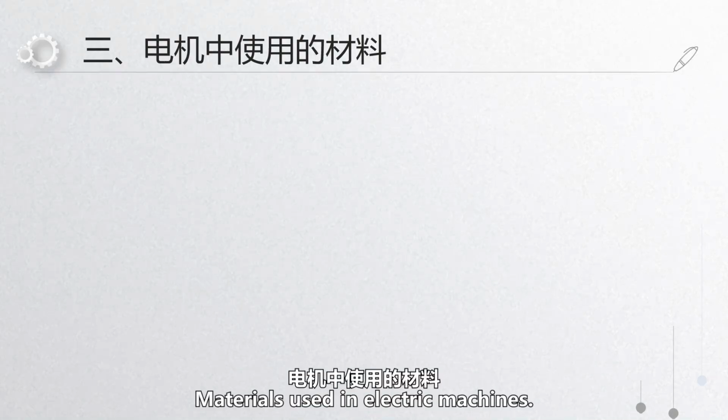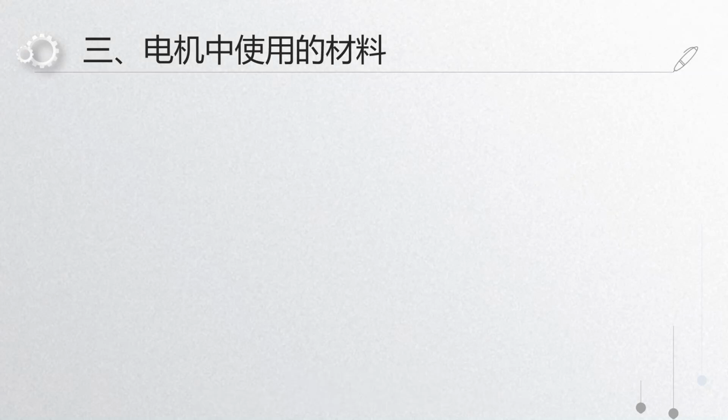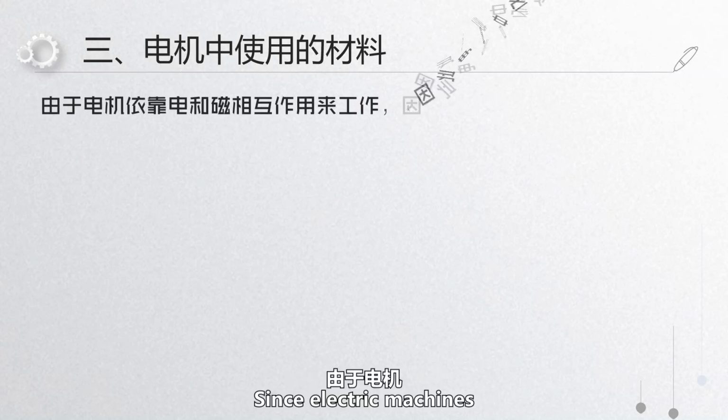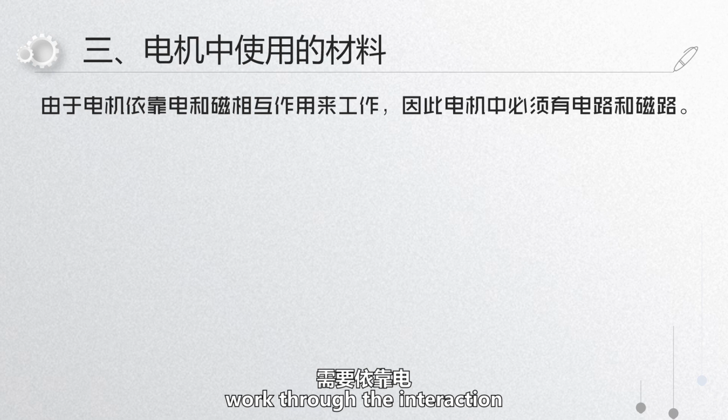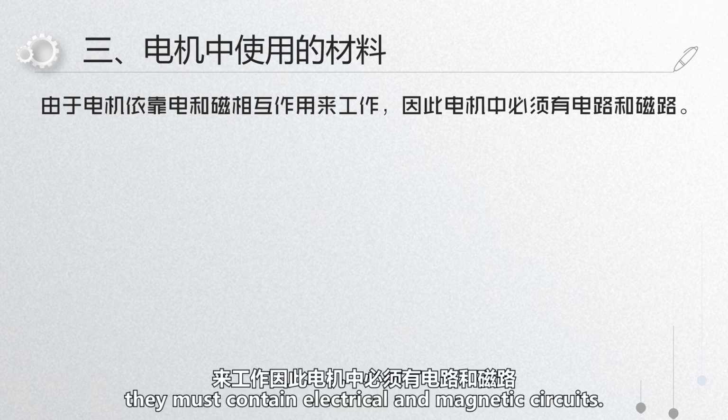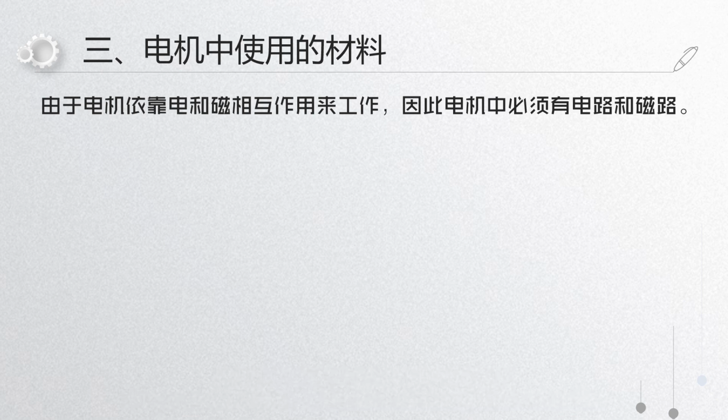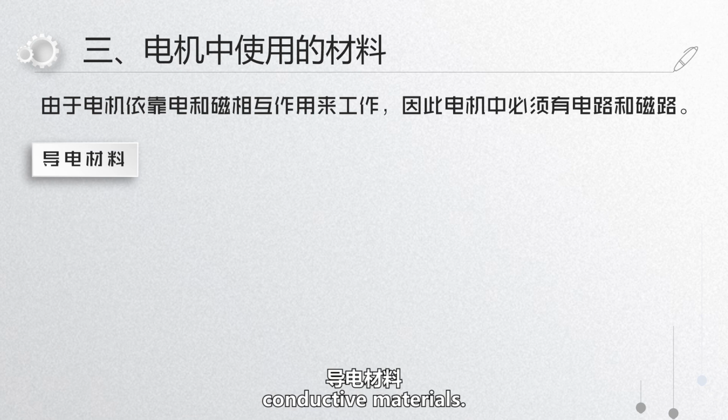3. Materials used in electric machines. Since electric machines work through the interaction of electricity and magnetism, they must contain electrical and magnetic circuits. 1.